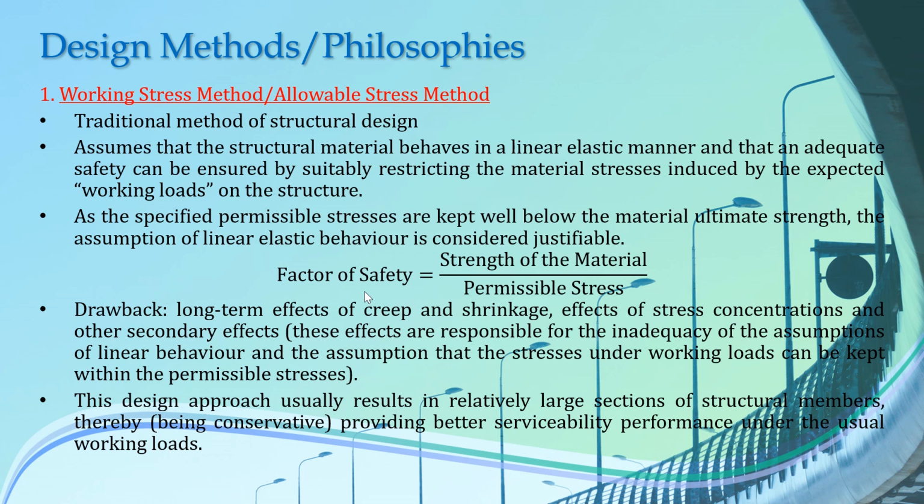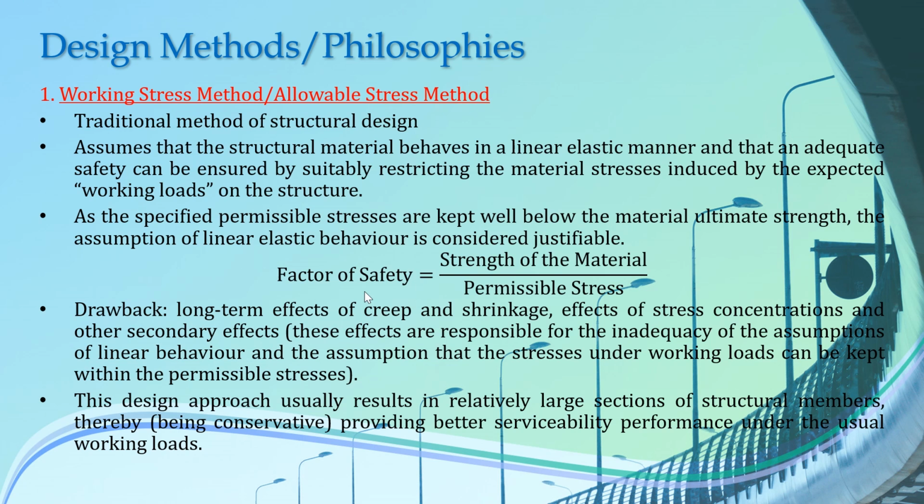The primary thing about these design philosophies or design methods is that they recommend the use of some safety factor so that our structure is safe under overloads or expected loads that may come onto our structure during its lifetime.